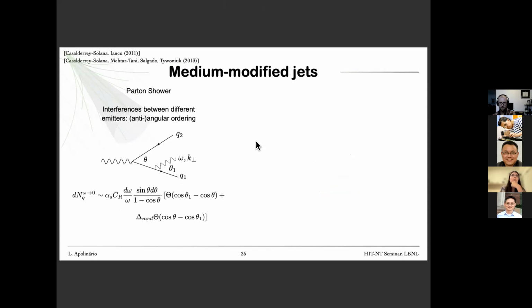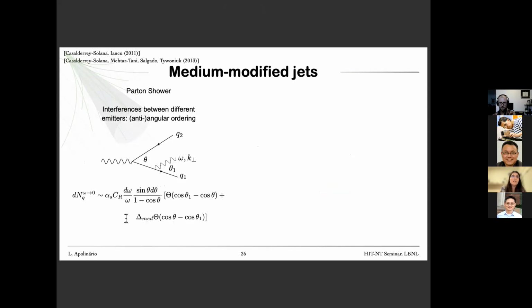But in the case of a medium, this is no longer strictly true, because the interactions with the medium will destroy some of these interference effects between the two emitters, and a new component in addition to the angular ordering component will arise. In fact, it follows exactly the opposite behavior: it's anti-angular ordering.